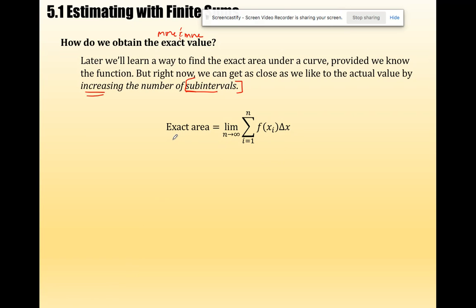The exact area of a function that's positive, that lies above the x-axis, is the limit as the number of rectangles goes to infinity, but it is just adding a bunch of products of heights times widths. Your width is getting infinitely small, approaching 0, and you can't multiply by 0 and get area unless you use calculus.